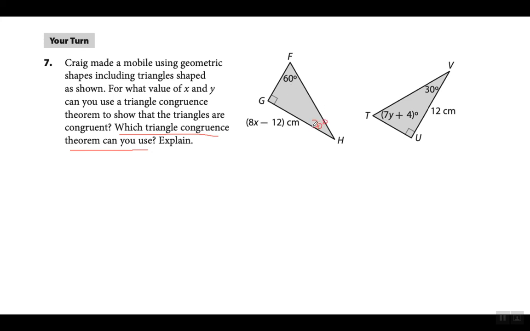If this is 30 degrees and this is 90 degrees, that means that this side right here has to equal this side right here because of ASA, angle side angle. Because this one's 90, here's the included side, and 30. This one's 90, here's the included side, and 30. So by ASA, I could have solved that x equals 3, right? That's the first part of the answer, okay?